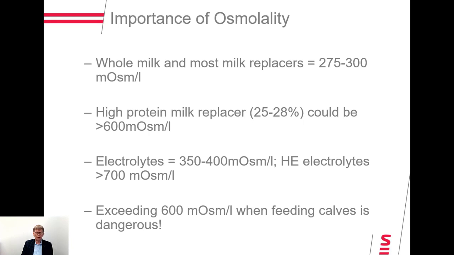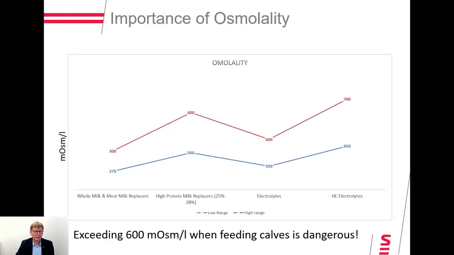I'd like to speak in a few slides about the danger of exceeding an osmolality of 600. The next slide, again, is for the people who like to have a visual perspective, and you'll see the blue line in the low range, and the high range is the red line.